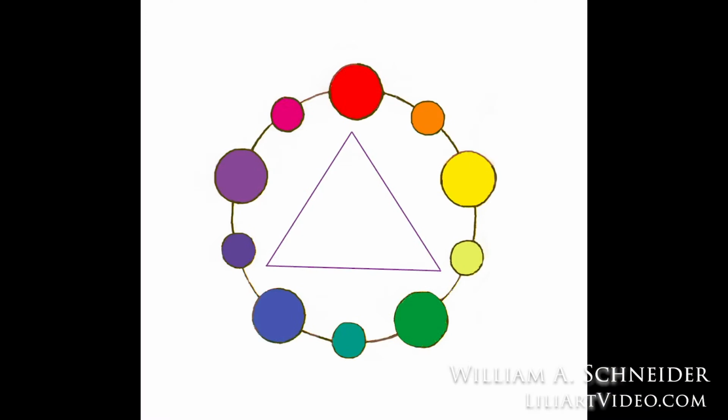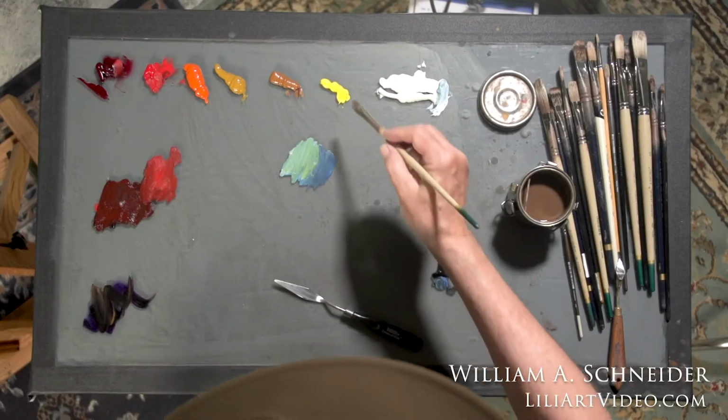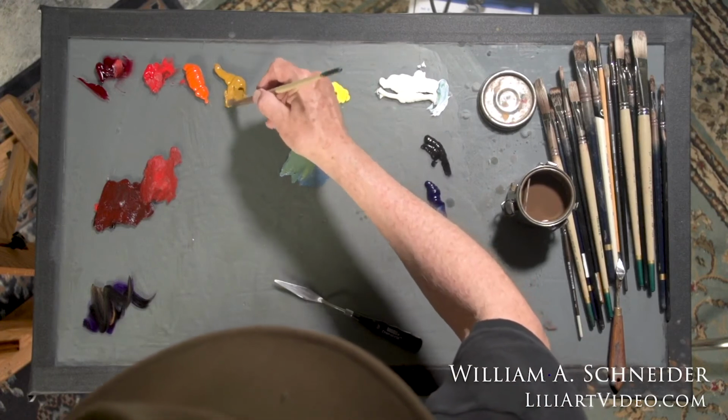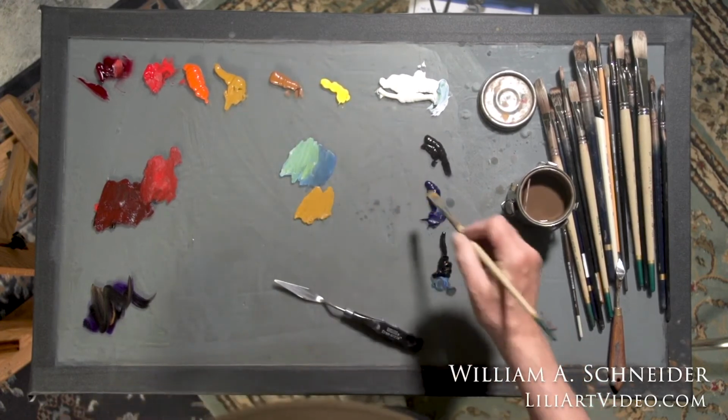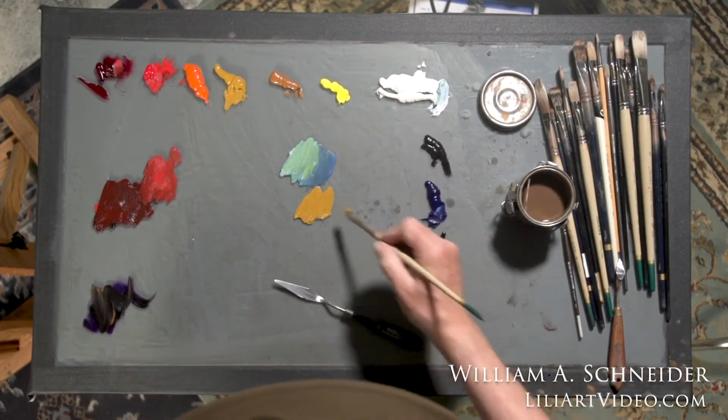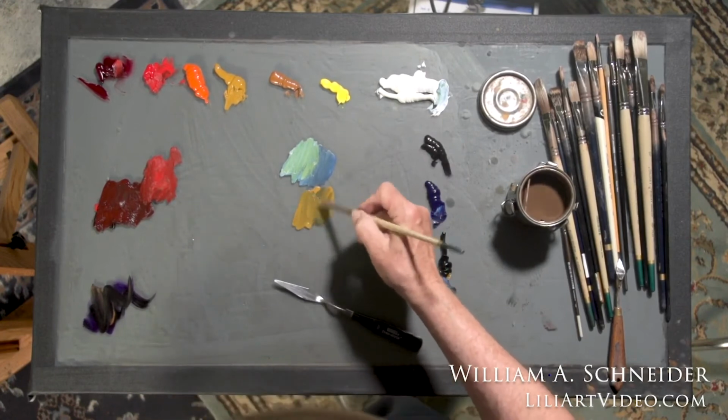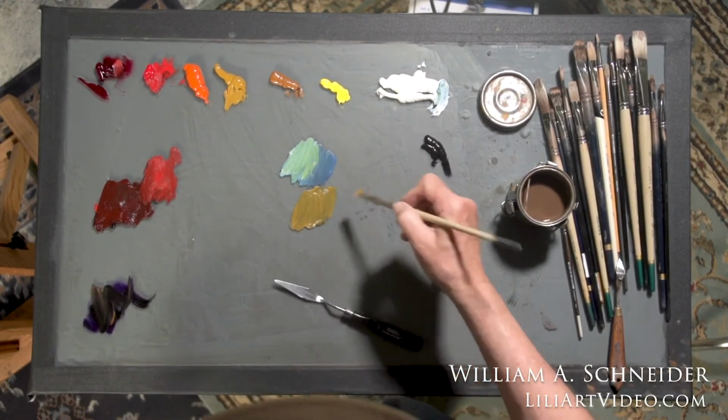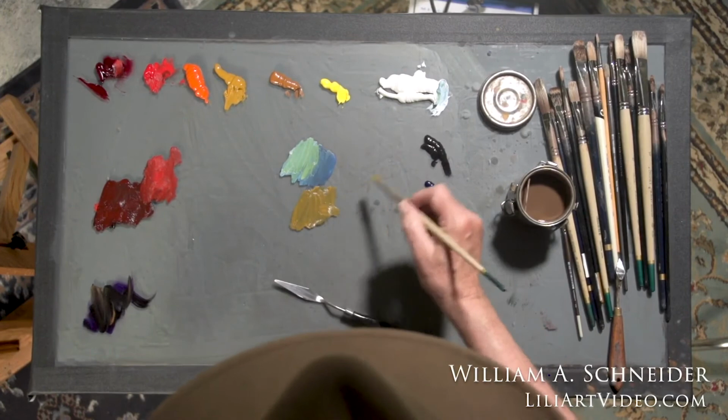So looking at your Munsell color wheel again, the two discords are each 2 steps away from the complement, which is blue-green. So it's going to be yellow-green and blue-violet. So I'm going to mix up a yellow-green, and I'm going to make that kind of a grade. So I'm mixing this with yellow ochre and ivory black.